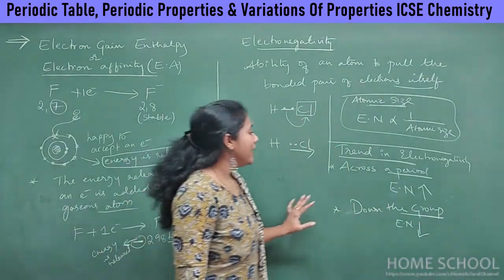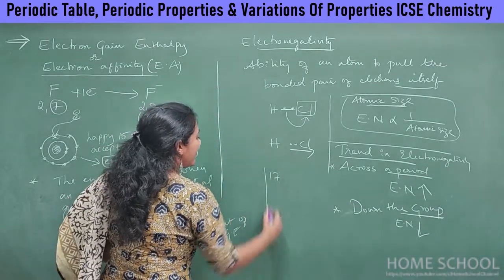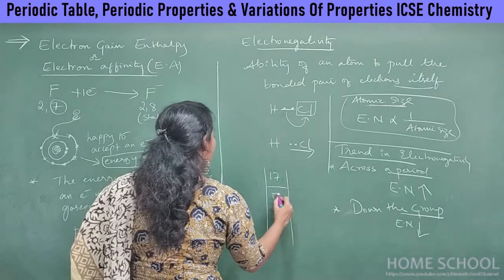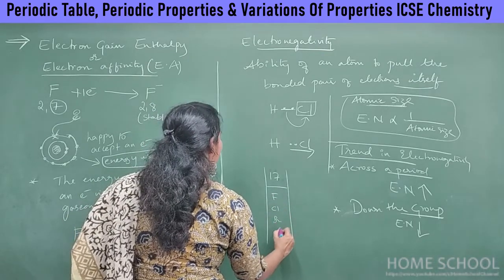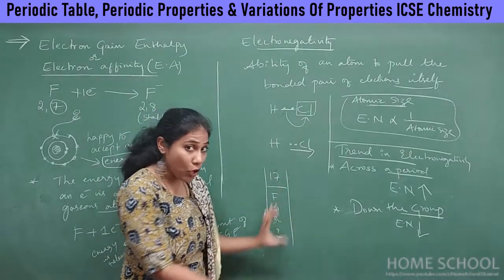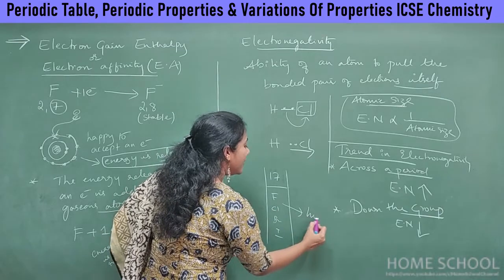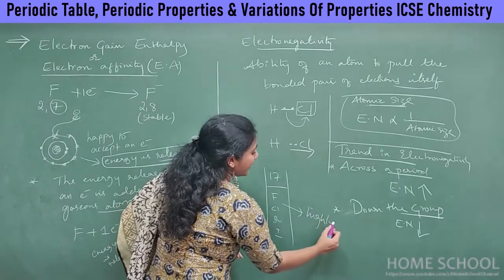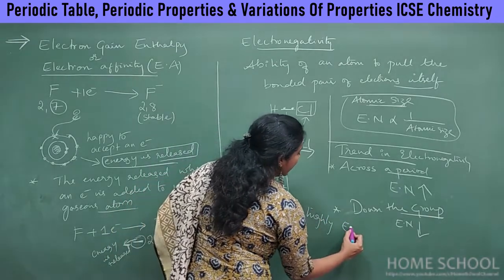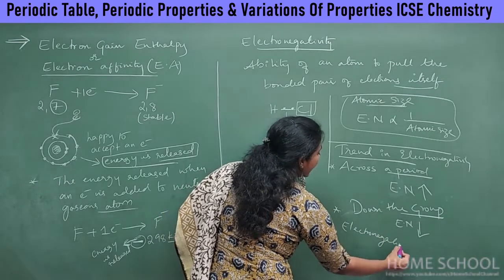One point to try to remember: halogens, that is our 17th group elements, fluorine, chlorine, bromine and iodine. These elements are the smallest in size among all the elements in their periods, and they are highly electronegative compared to all other elements.